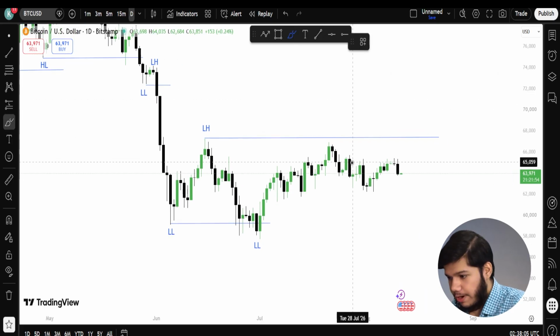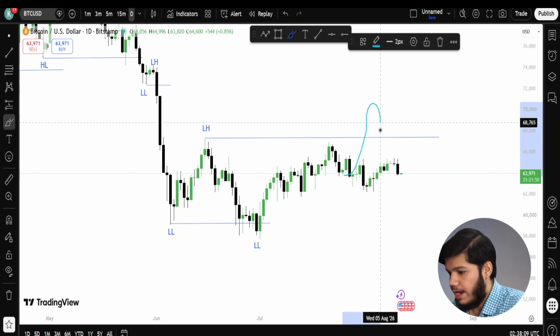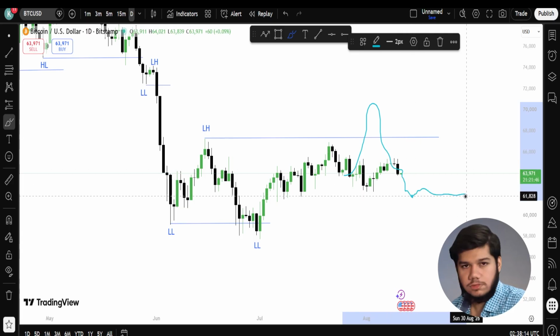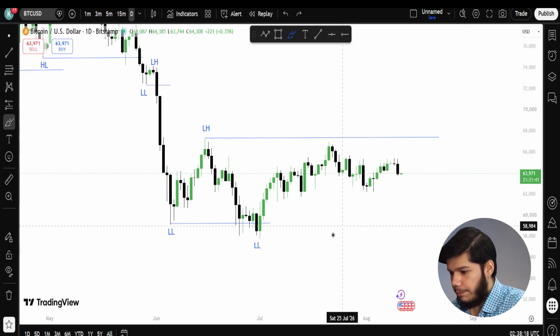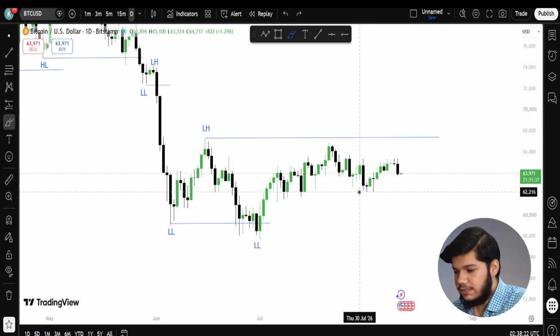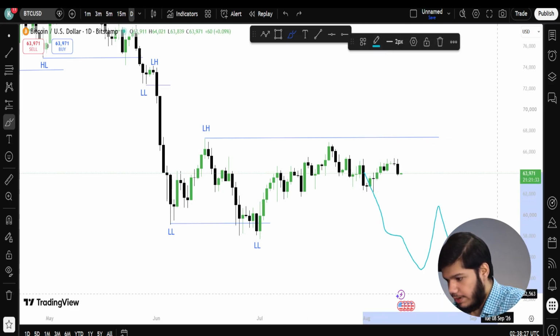If the price breaks this lower high with high momentum, the chances are price will rally somewhere around here, consolidate, and then go upwards. Or if the price doesn't respect this momentum, it will break this lower low again, then rally towards the downside.